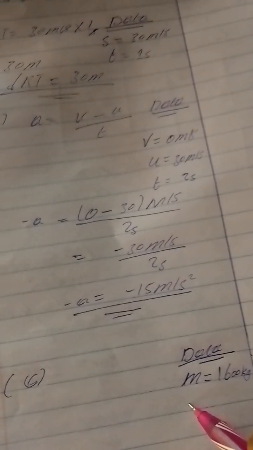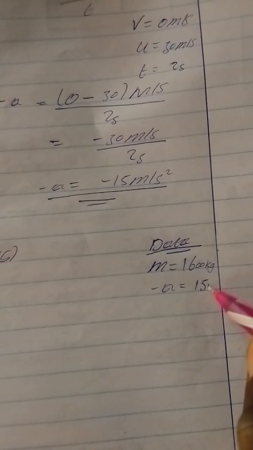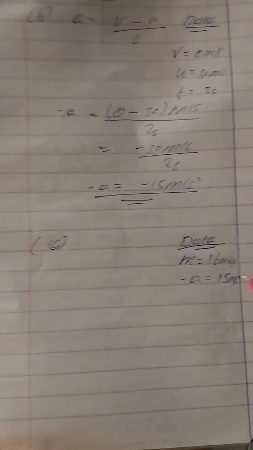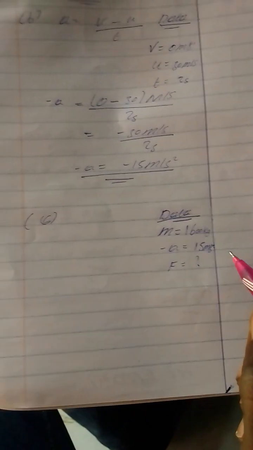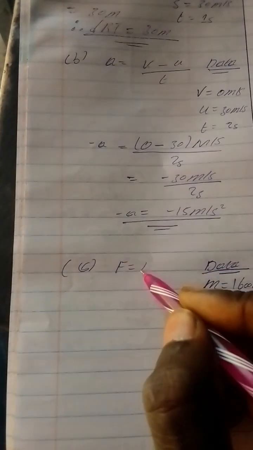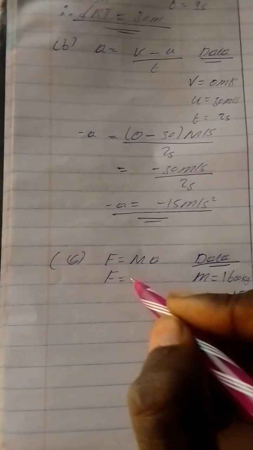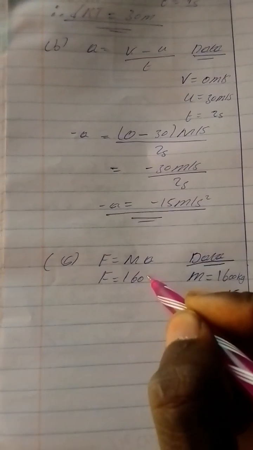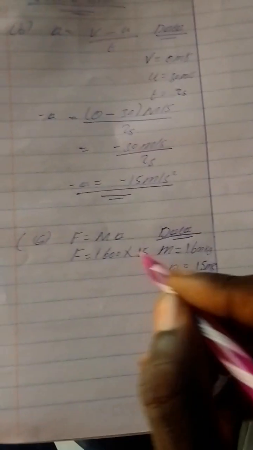Then our retardation is 15 meters per second squared. Now force, we don't know. So here we can use the general formula for finding force, which is force is equal to mass times acceleration. Force is equal to our mass, 1,600, multiplied by our retardation, which is 15.